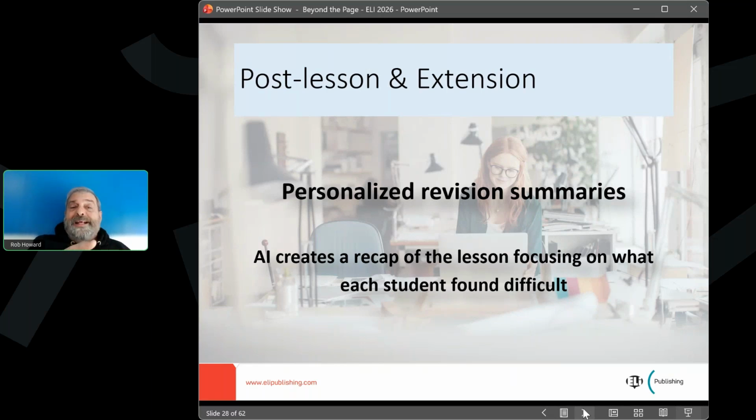And then this is something I can go back to as the teacher and use AI to generate some additional materials, something that goes beyond what the course book had, to help them to understand, practice, and focus.